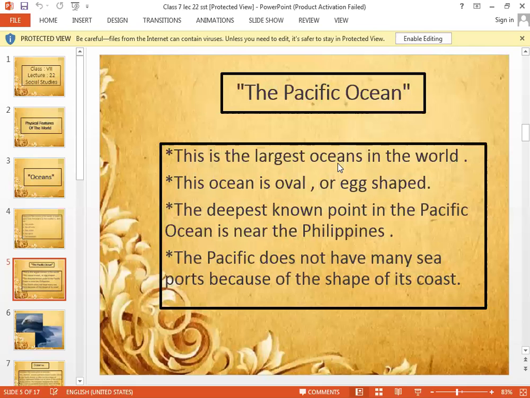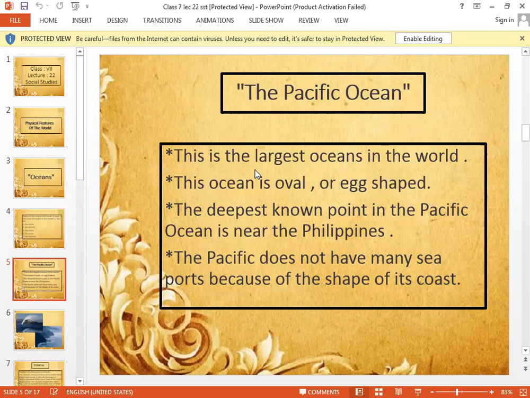So it is called Pacific Ocean due to the calmness of the water. यानी यहाँ पर पानी जो है उसमें बहुत ज़्यादा कुछ वेव्स नहीं आती, बहुत ज़्यादा उसकी लहरें ऊंची नहीं हैं, बट इन फैक्ट it is a very calm and quiet ocean. So that is why it is called the Pacific Ocean, and it is the largest ocean of the world.